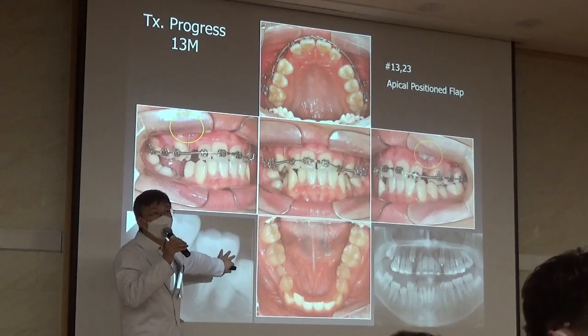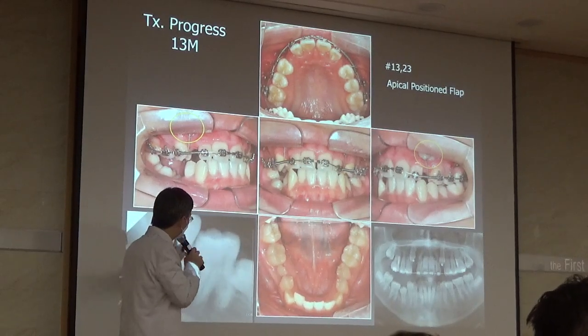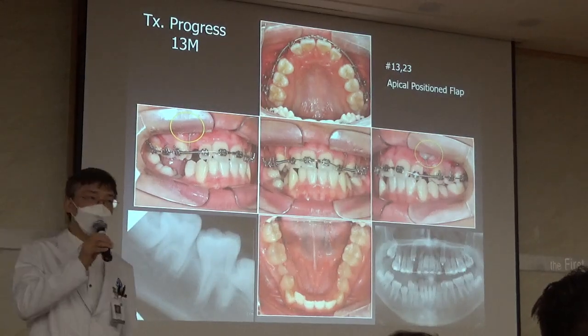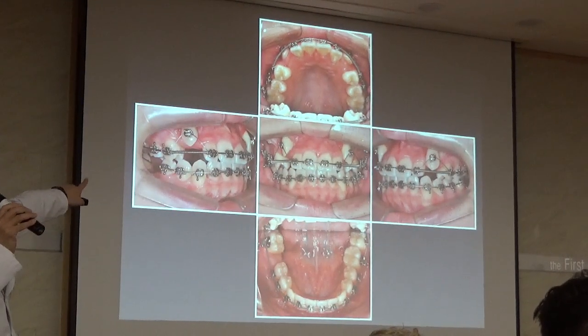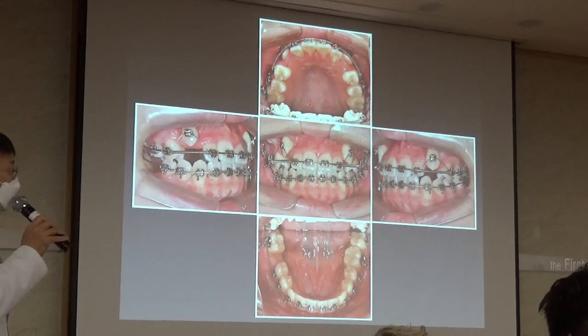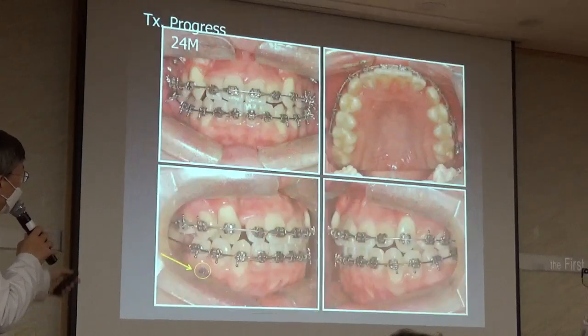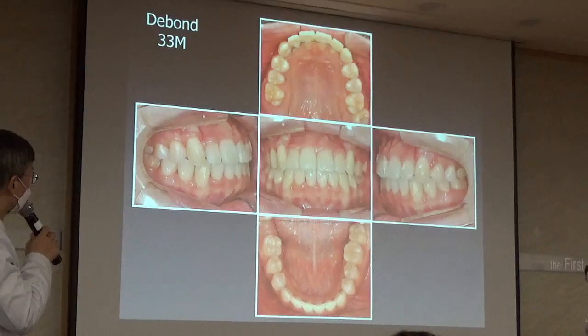We decided to pull out the first molar ahead of time before it's too late. Pulled out, so as to pull the second molar all the way forward. I'm going to talk about the active passive molar protraction system maybe tomorrow, okay? About the molar protraction. But today, it's all about single tooth biomechanics.